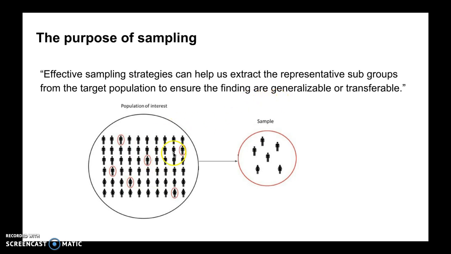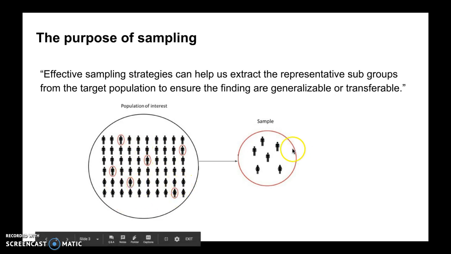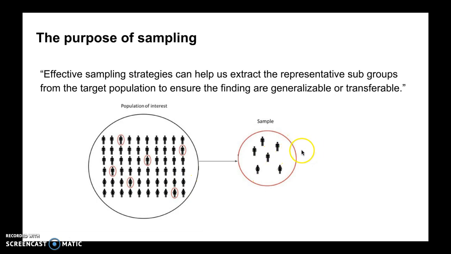So you don't have to interview everybody with sampling, and you just need to extract the representatives from the large population and ask them, and then the findings can be applicable, generalizable, or transferable to the population. But there is a difference between generalizability and transferability, and we'll talk more about that later on.